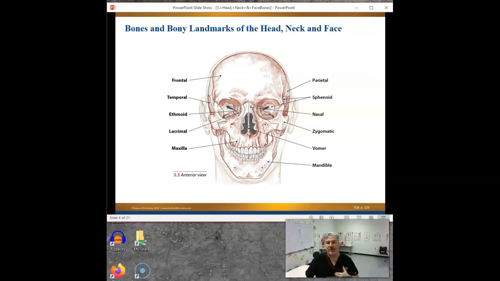It's actually probably one of the most important bones in your entire skull, because it ties everything together. And let me show you what I mean by that. Here, if you look at me and not the slideshow for just a second, is the skull. And by the way, the blue is your frontal bone, and the green here is your parietal bones on the side.